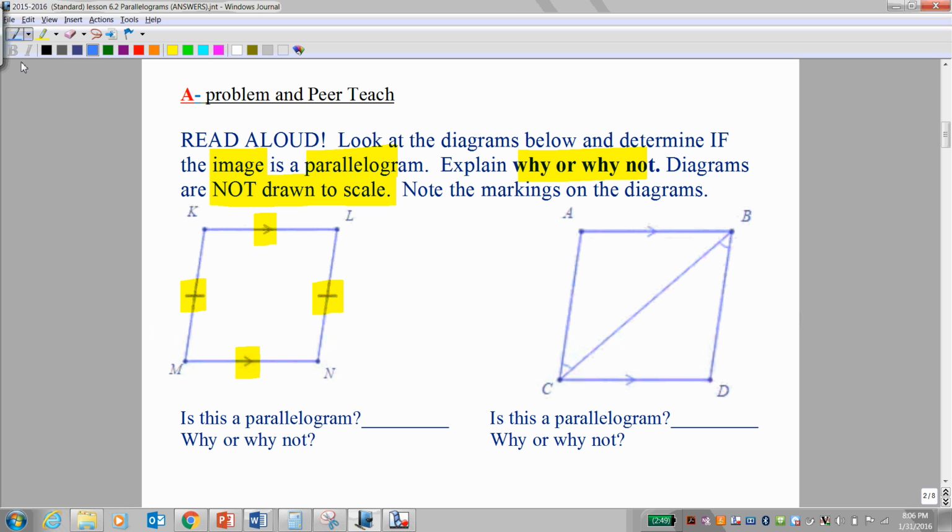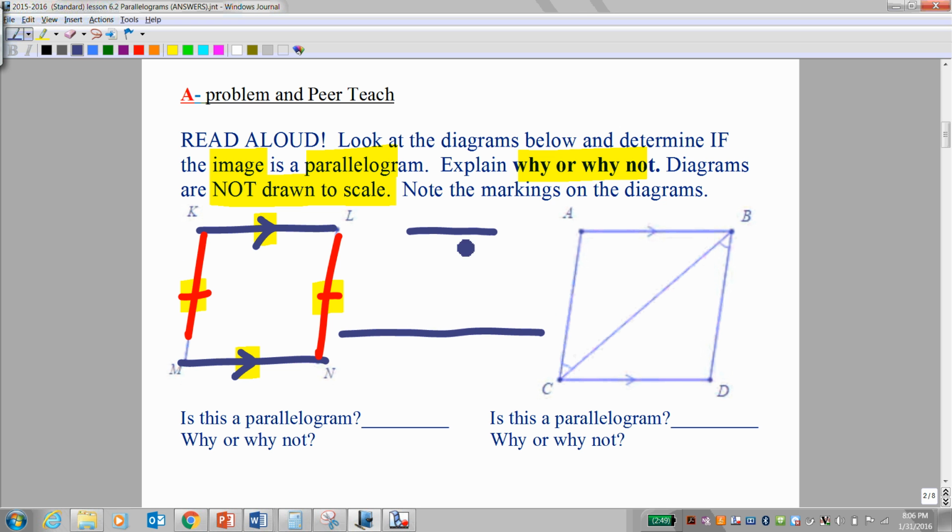Taking a look at this first one, we have one set of sides that are parallel, and the other set of sides are congruent. Now, this looks like it might be a parallelogram, but if you look carefully at these markings, those are parallel, aren't they? These are congruent, aren't they?